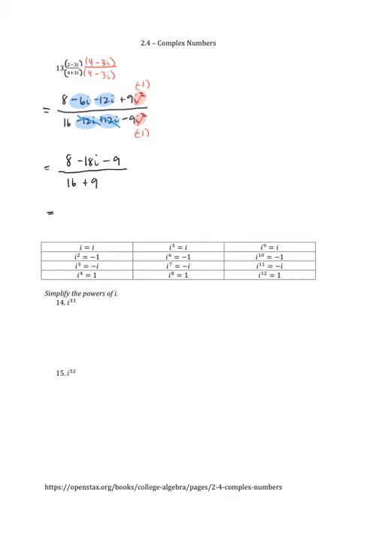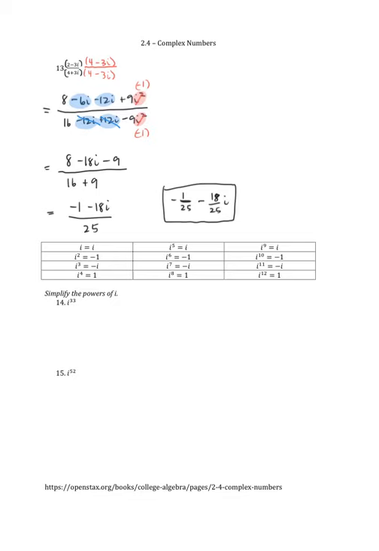So 8 minus 9 is negative 1 minus 18i over 16 plus 9 is 25. And so now our last step is just to separate it into real and imaginary parts. So you have negative 1 over 25 is the real part, and negative 18 over 25 is the imaginary part. So negative 1/25 minus 18/25 i.